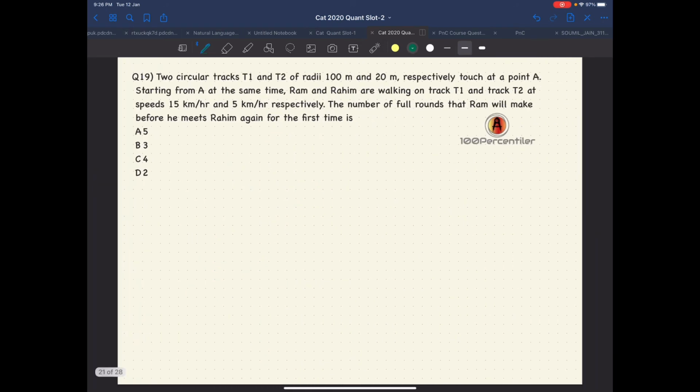Now here we are given 2 tracks T1 and T2 of 100 meter and 20 meter that touch each other at point A. So there are 2 tracks which touch each other at point A. Let's say this is 100 and this is 20.